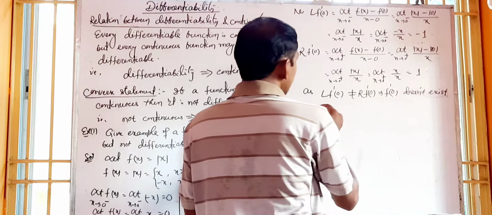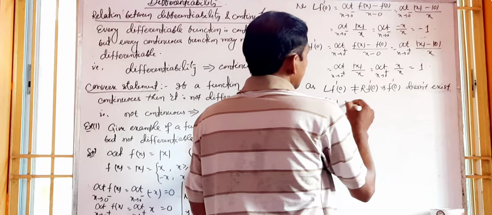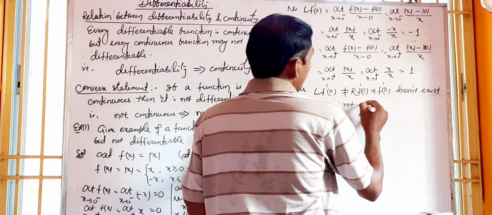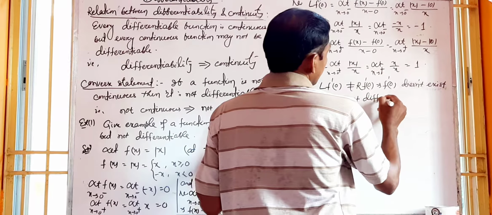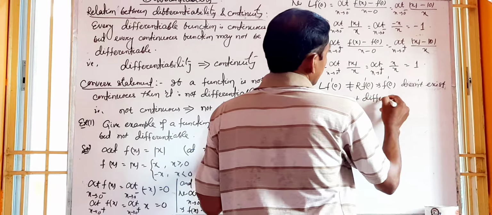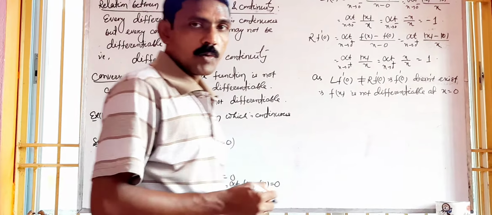That is, f of x is not differentiable at x equal to 0. So here we have proved that it is continuous but not differentiable.